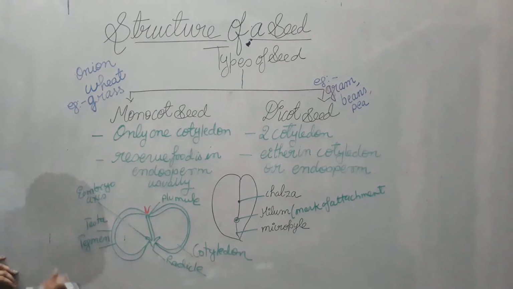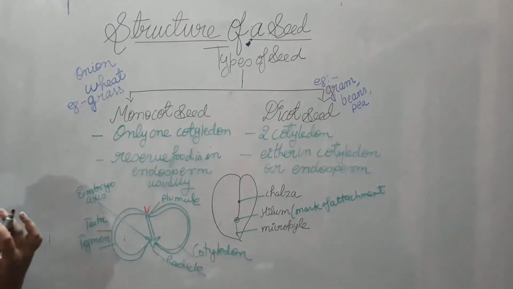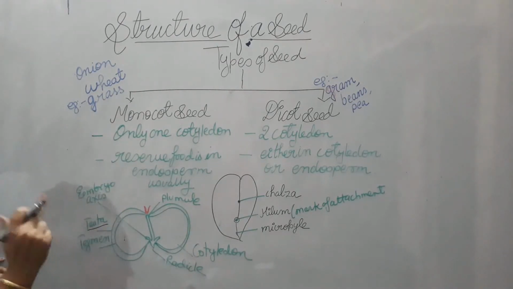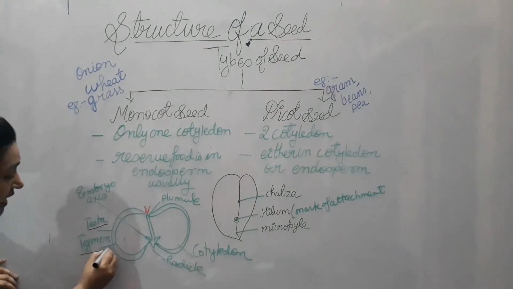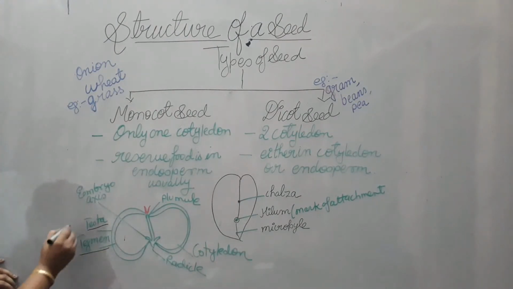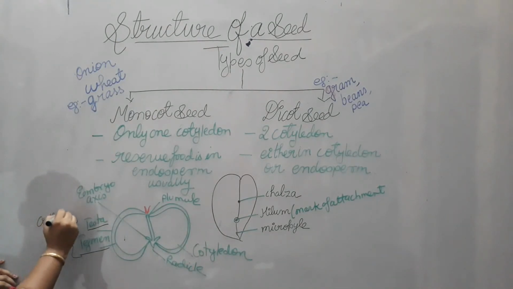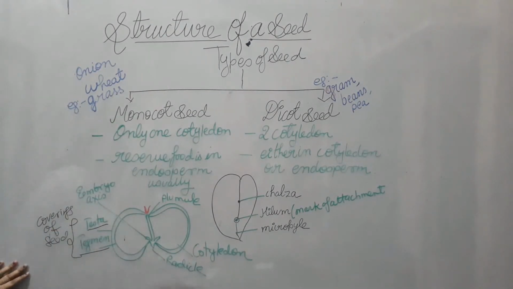That brown outer layer, the dark brown colored layer which is quite hard, is called the testa. And the inner surface of that covering is called the tegmen. These two are the protective coverings of the seed.